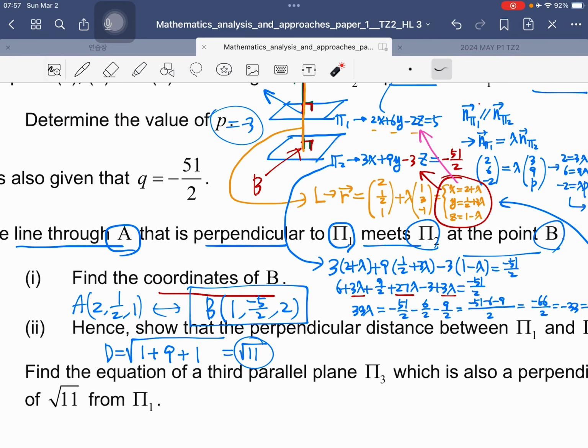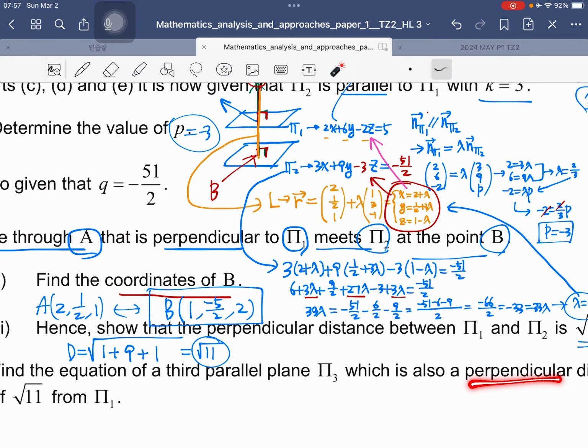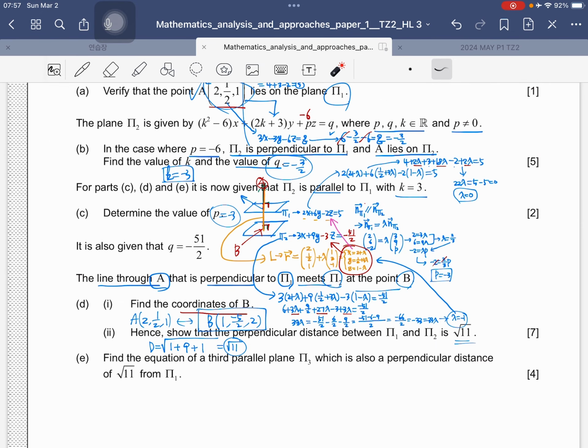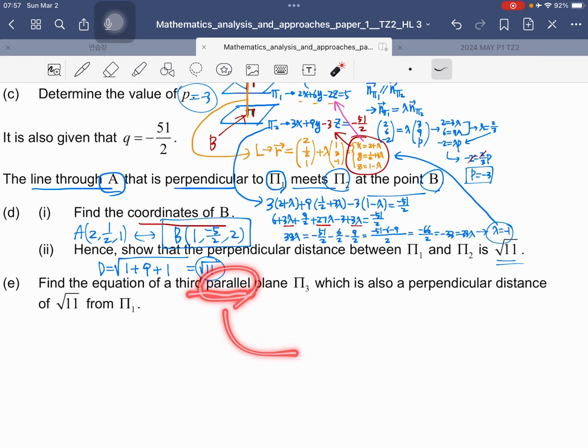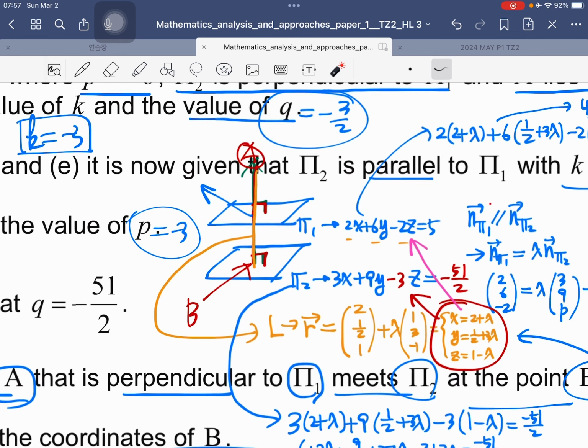The distance from pi 1 to pi 2 is square root of 11, so we need to find another pi 3 over here. The distance is also square root of 11. So that's what it means.